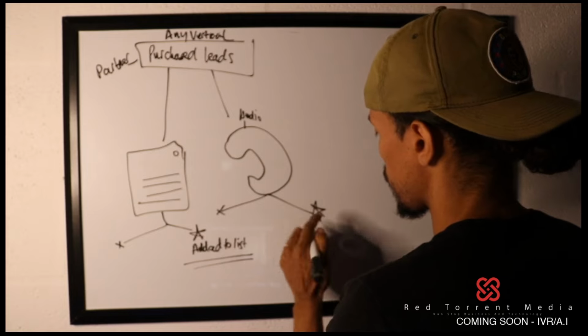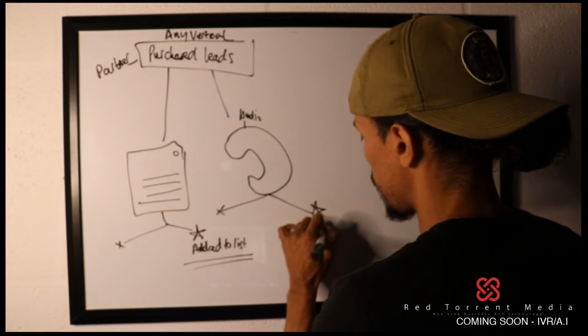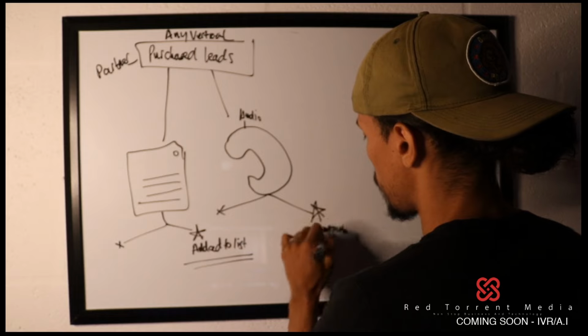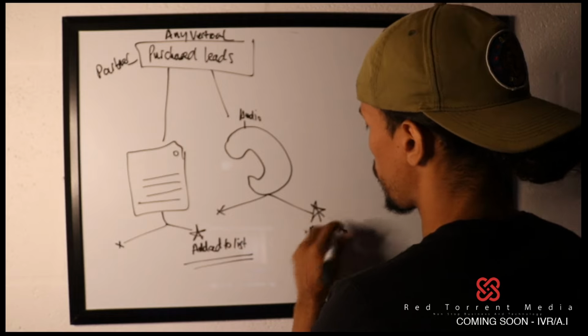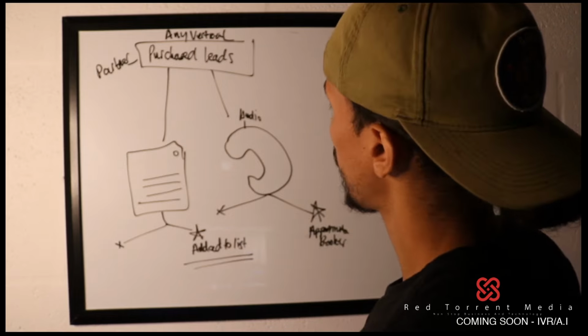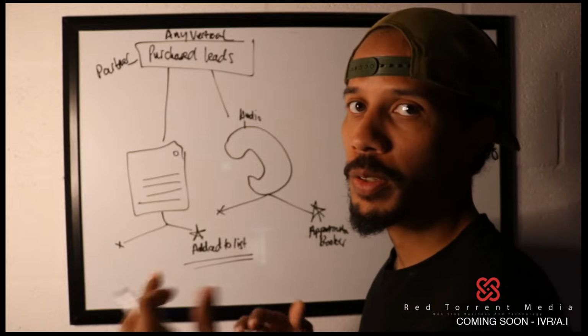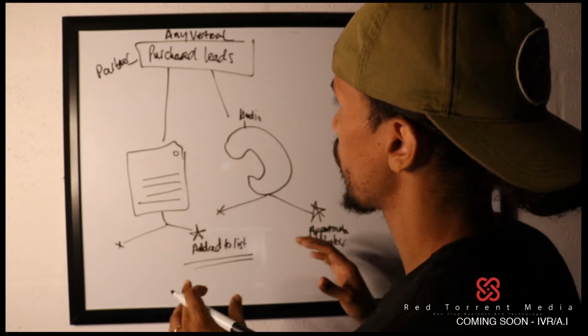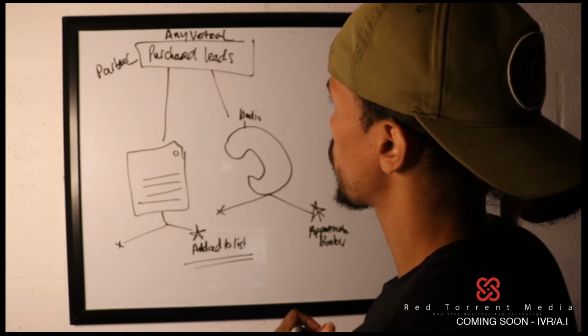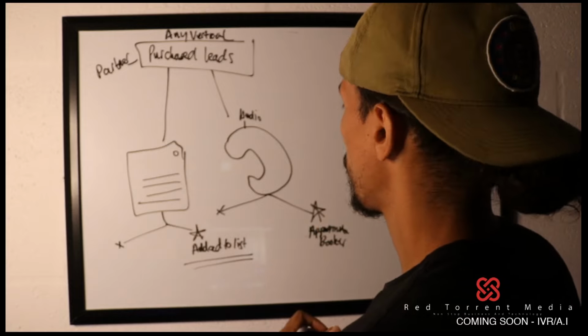I'm just gonna erase this real quick. Appointment booker. Now, when you try to do this manually, it takes forever. Luckily for you, we were able to test this out and we had some pretty good results.